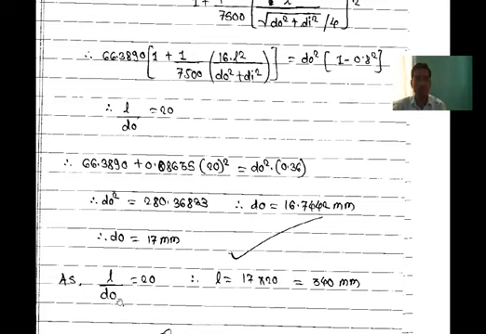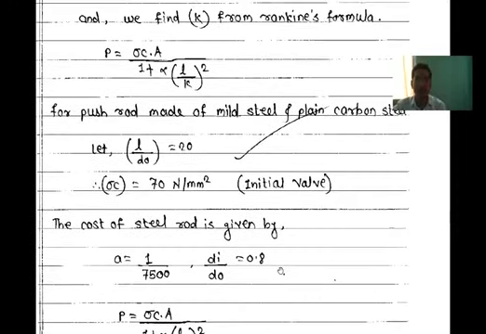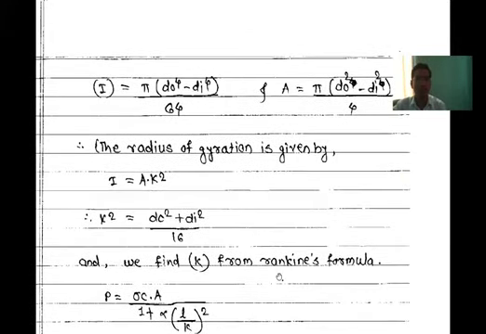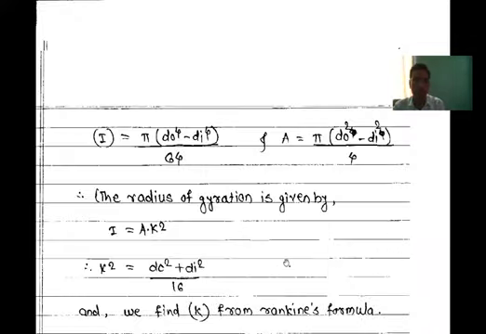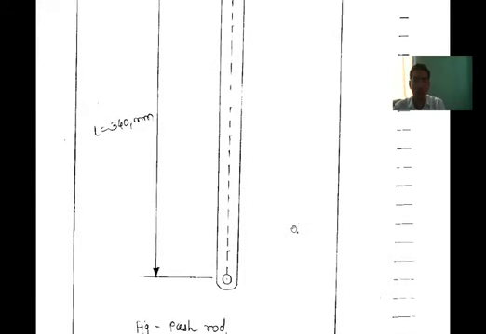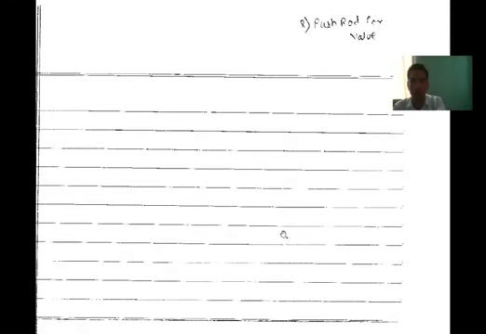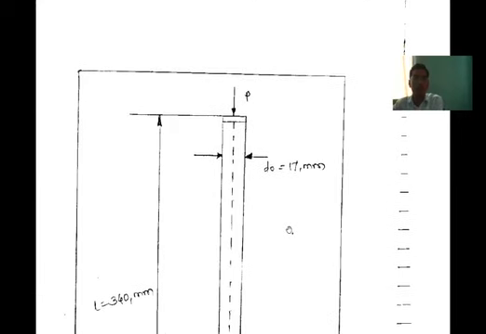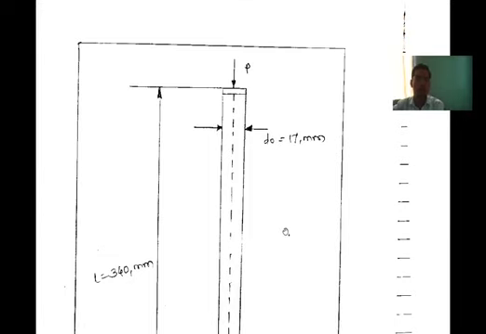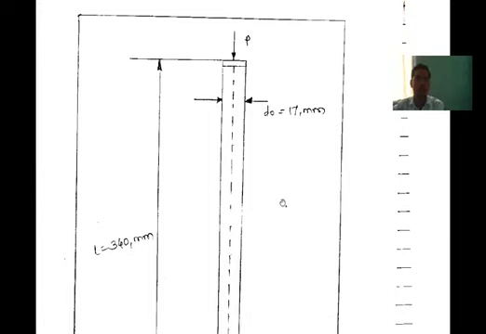So the diameter of the push rod will be 17 mm and the length of the push rod will be 340 mm. Now we can see the diagrammatic representation of that push rod here. Here force P is acting on the push rod.